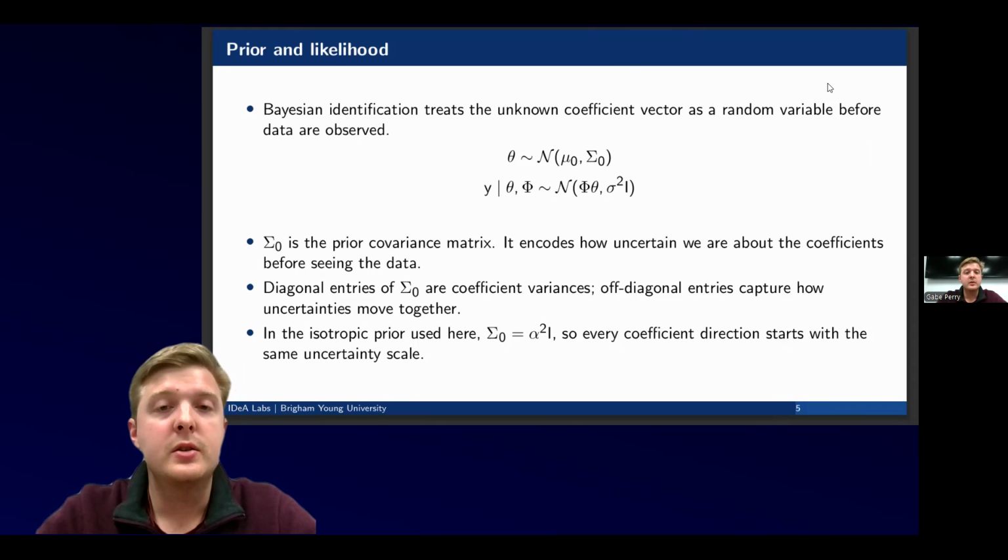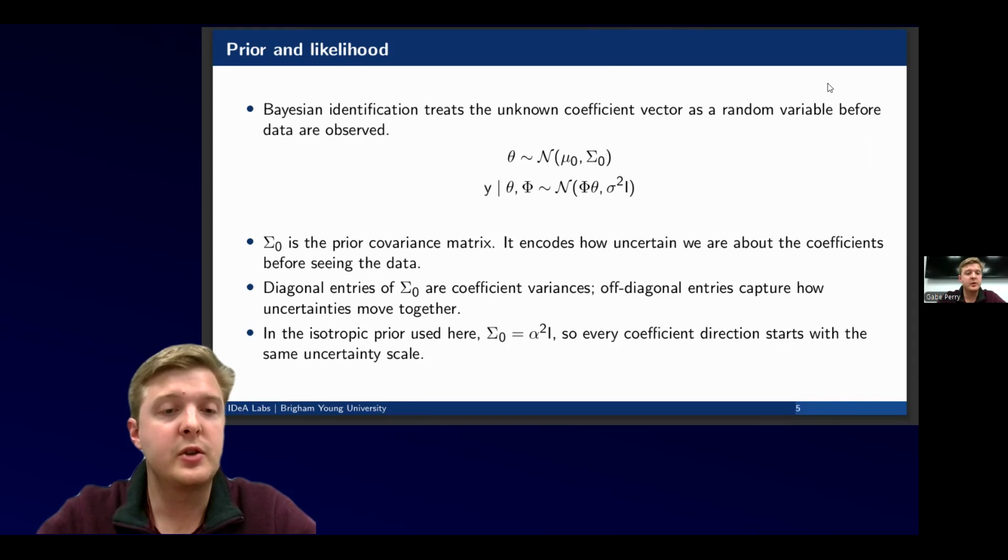Here we are going to specify the priors, or the prior beliefs, on the distribution of those parameters. And we're just going to use a normal distribution for simplicity. So we assume that the parameters theta are normally distributed with a mean, this mu naught vector, and with a covariance between those parameters of sigma naught.